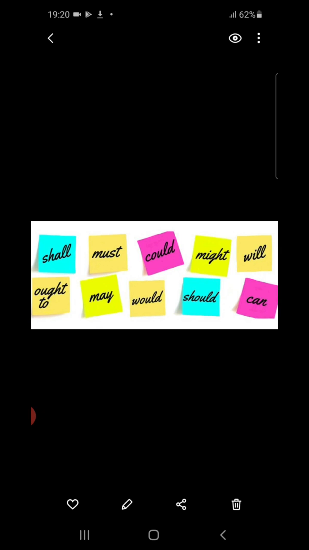They provide support to the main verbs in different kinds of sentences to give particular directions to the meanings of those sentences.